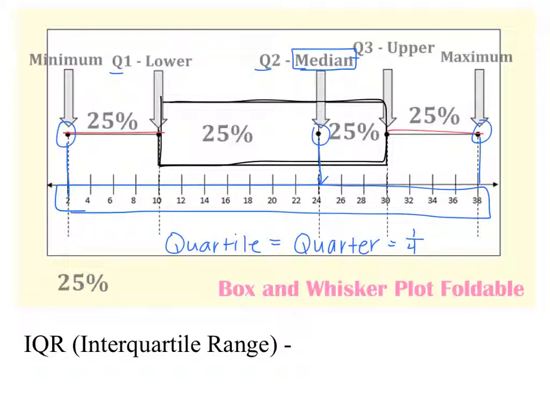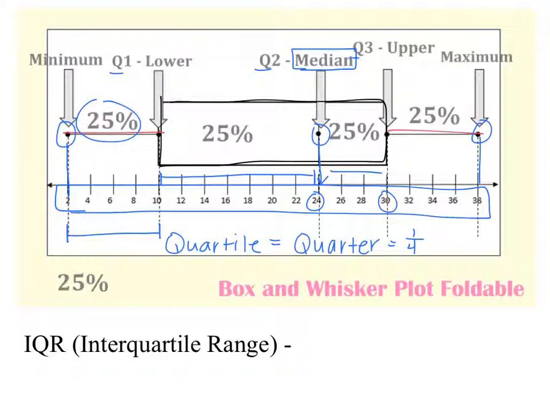So what we're saying is 25% of our data said that they spent between 2 and 10 minutes playing a video game. The next 25% of our data spent 10 to 24 minutes playing a video game. 25% of our data spent between 24 and 30 minutes playing a video game.